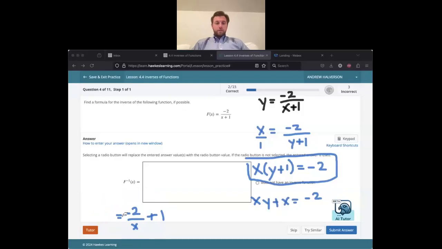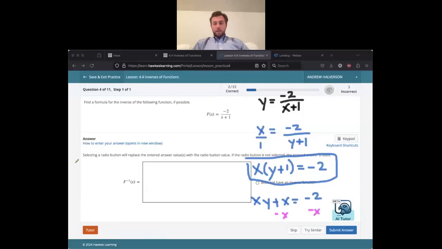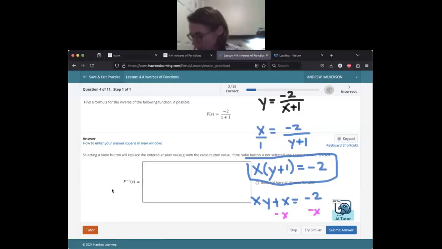I guess, so what are we trying to solve for again? Y. So we could subtract x from both sides? Subtract x from both sides. Love it. Perfect. So we have xy equals, should we put negative x or -2 first? Whichever one you want.